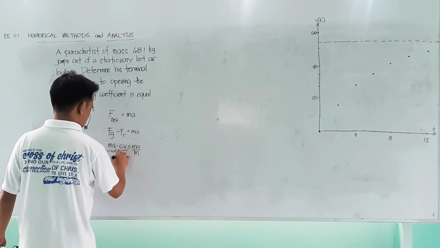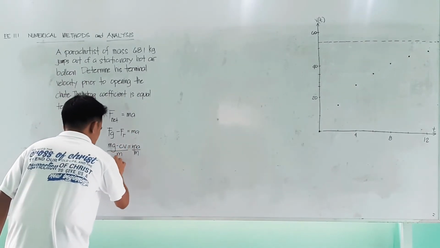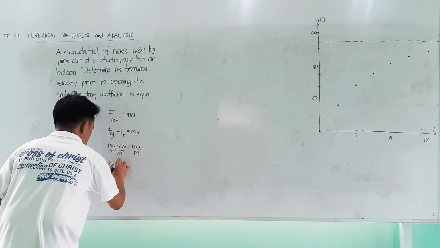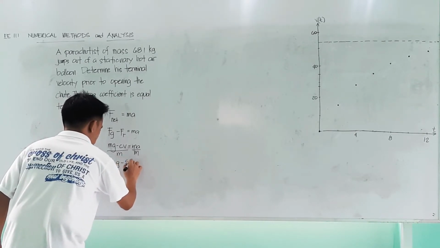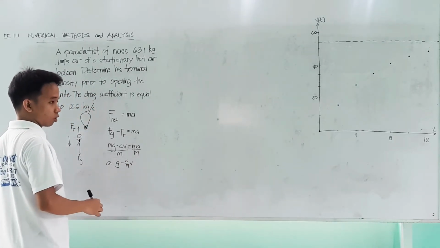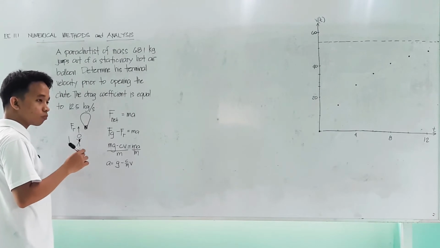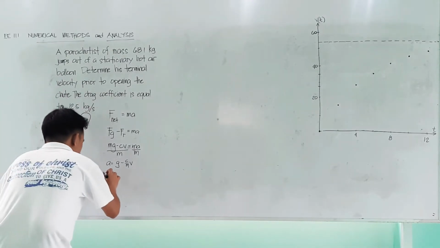So let's divide this by its mass. Then let's interchange. And we know that acceleration is just the derivative of your velocity with respect to time.